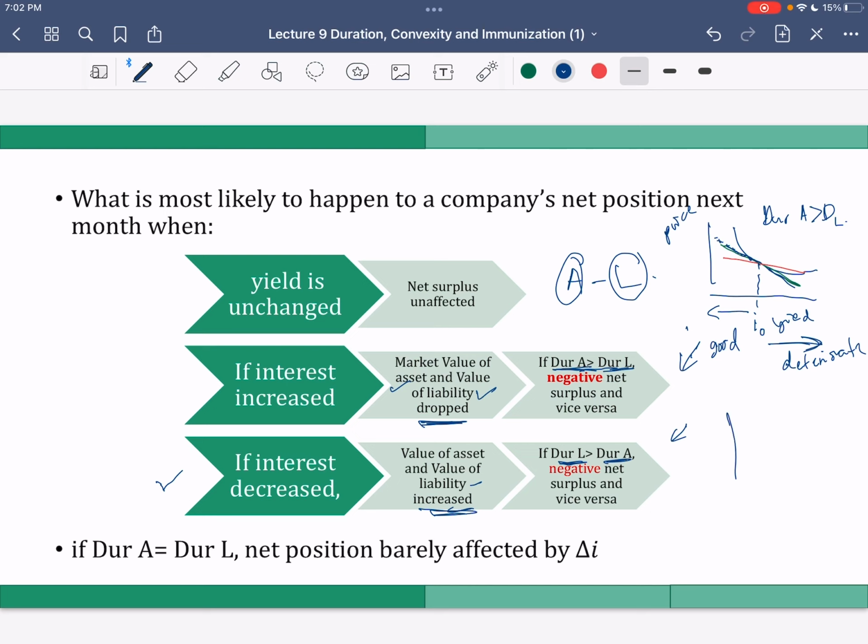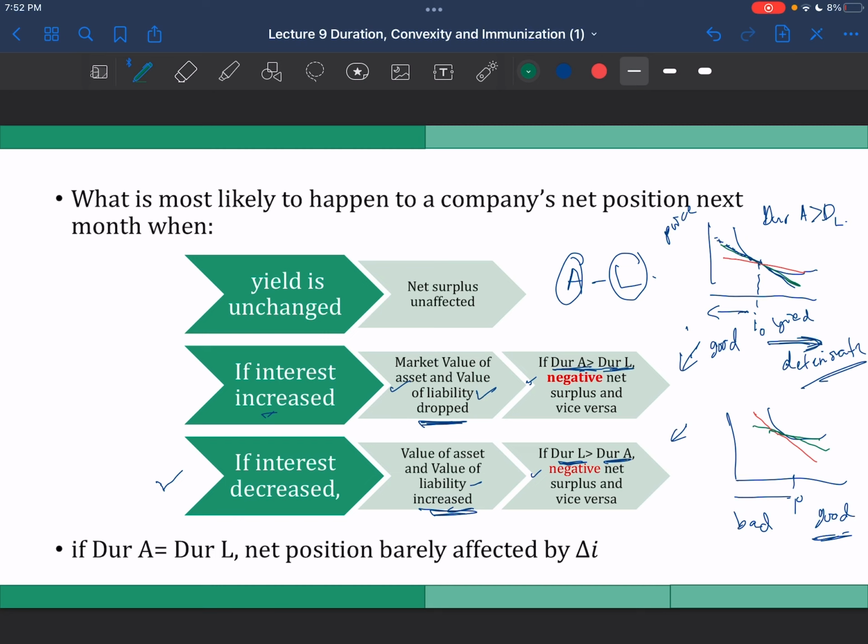And the other way around, if our tangent line is lower for the asset and higher for the liability, then it's the other way around. If it decreases, then bad. If it increases, then good.